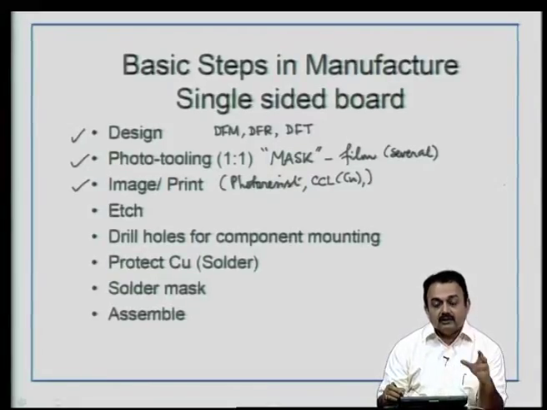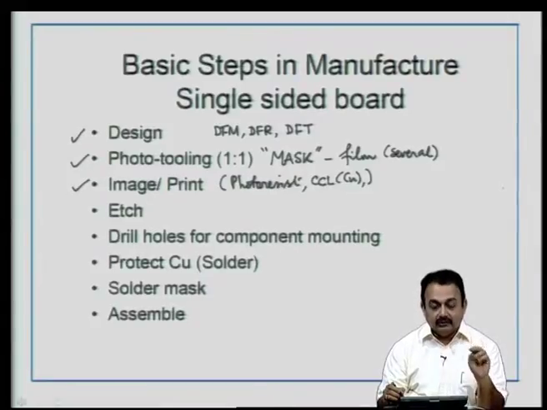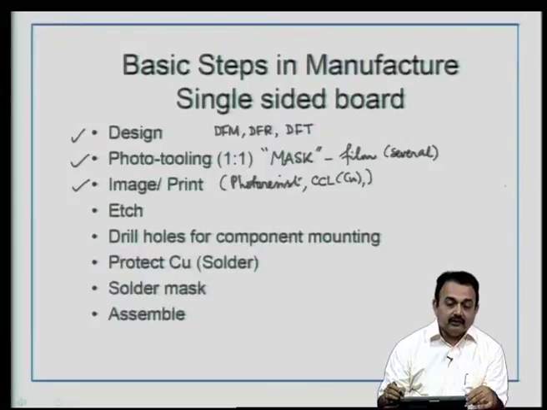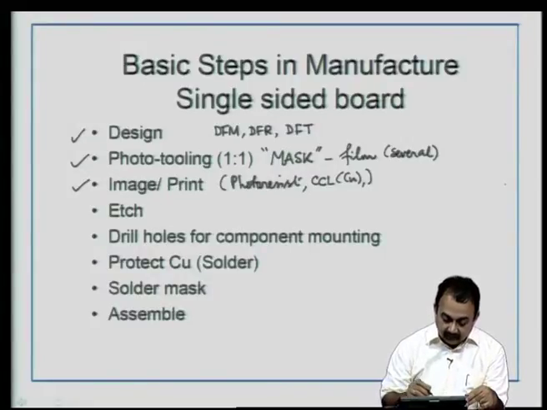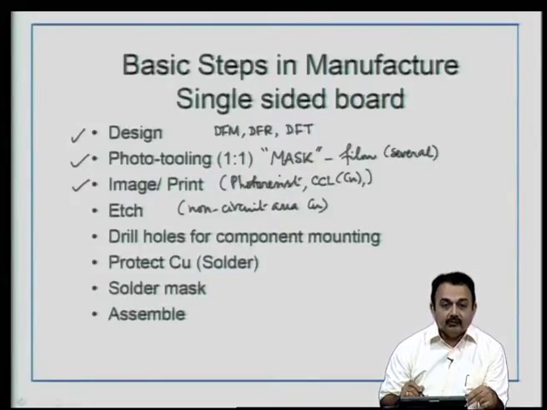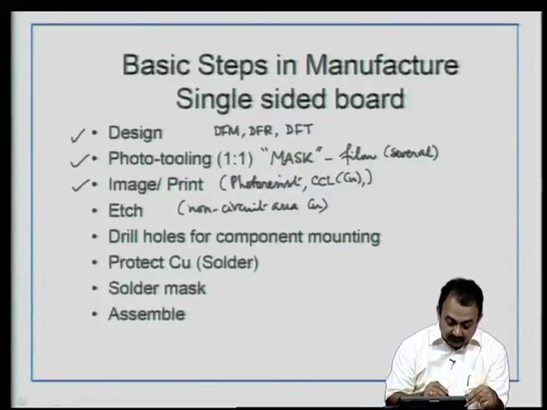Now, once the circuitry is imaged onto the printed wiring board surface, we are interested in retaining the copper on the circuit areas. The non-circuit areas copper will have to be removed. How do you remove that? You do a process called etching.